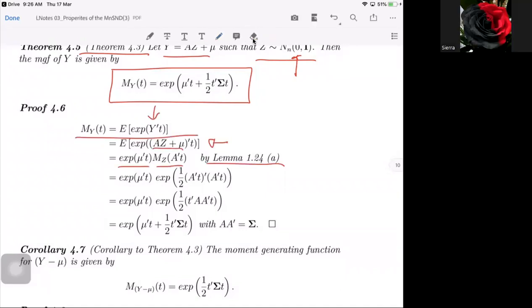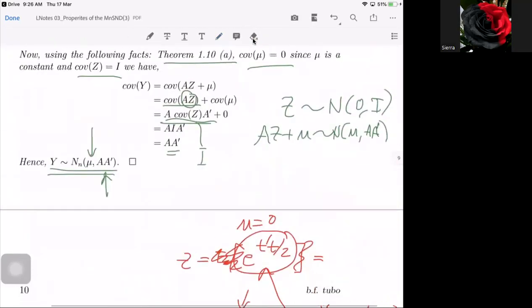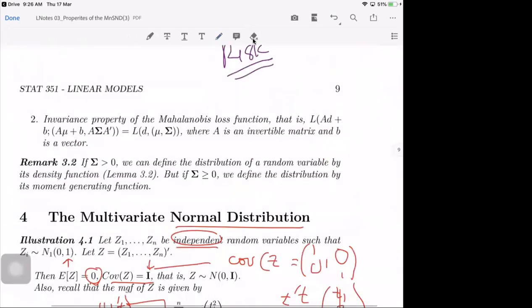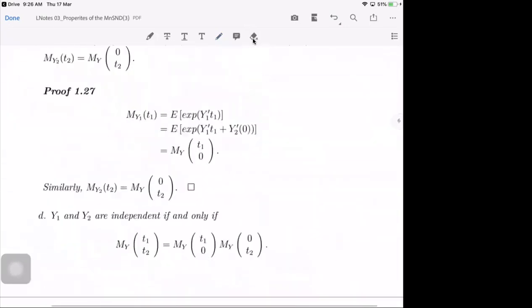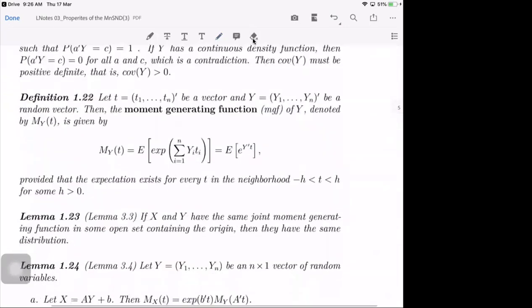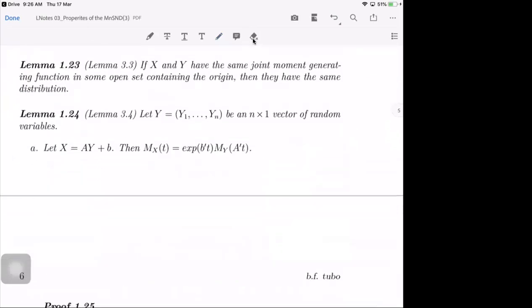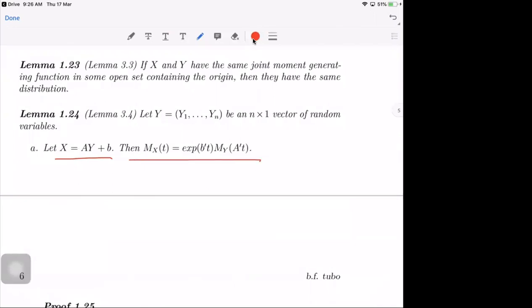So if we look at that lemma 1.24a, if you have this transformation, then the moment generating function of x can be expressed as the exponential of b prime t times the moment generating function of y at a prime t.